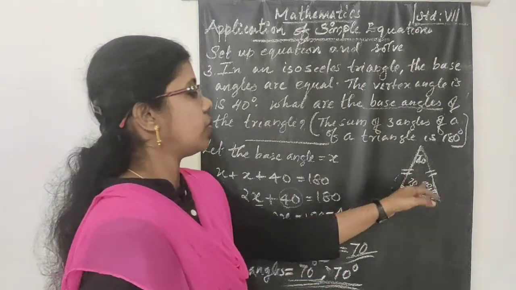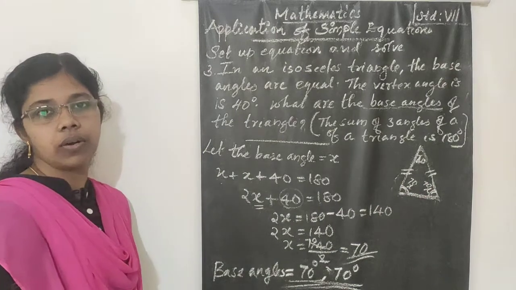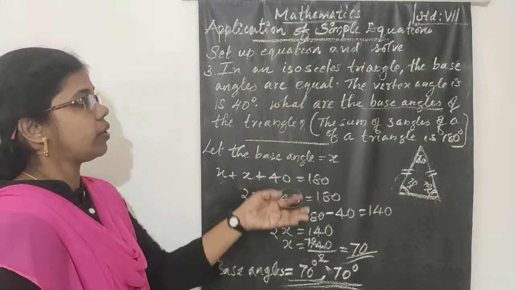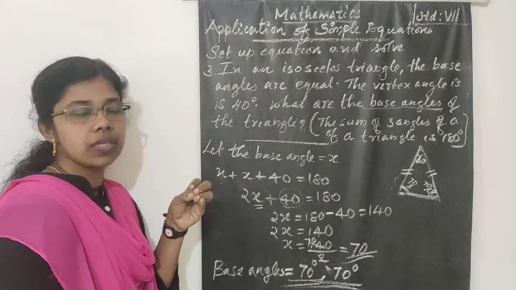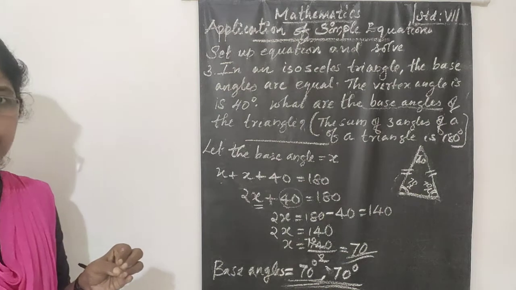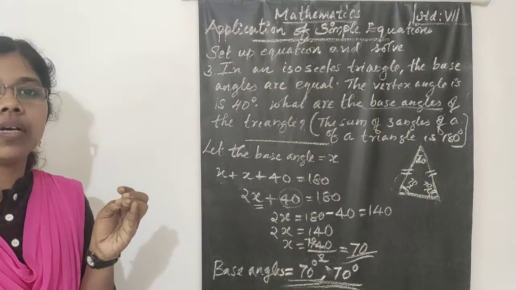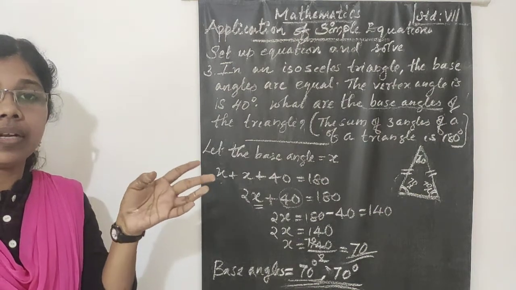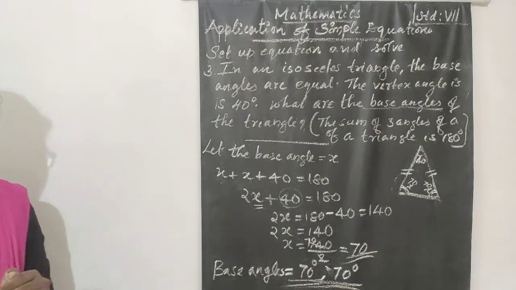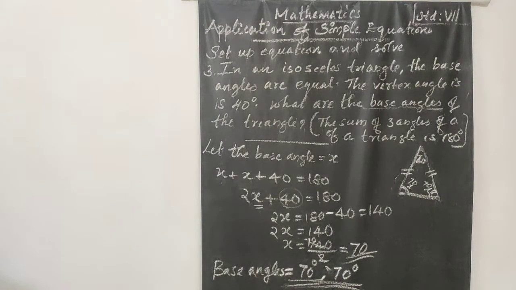Why? These two angles are equal. All of you clear? All of you know what is meant by an isosceles triangle? Its two sides are equal in length and the base angles are also equal. Okay, clear?